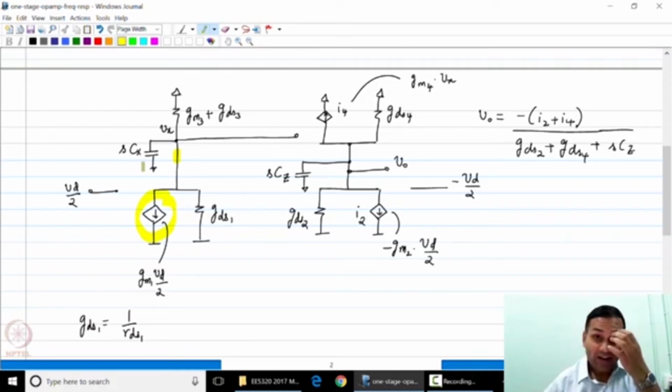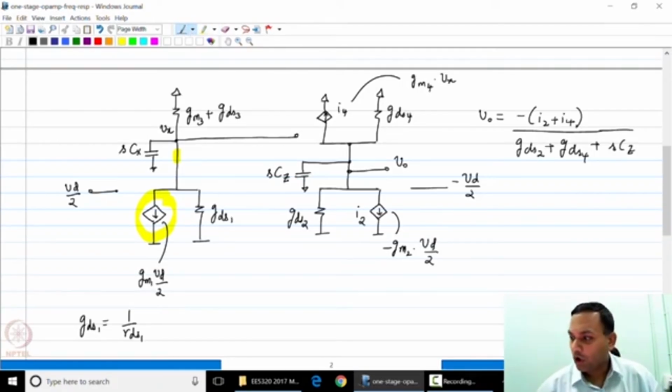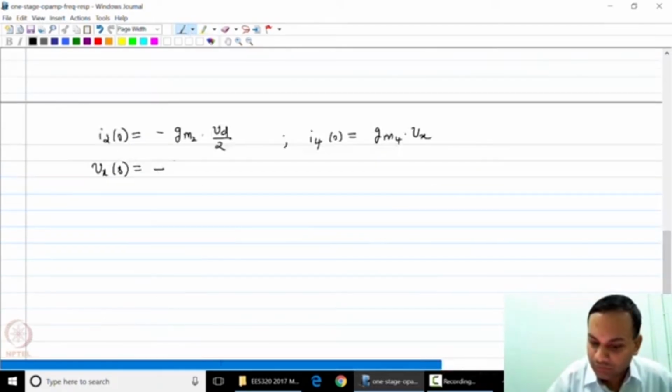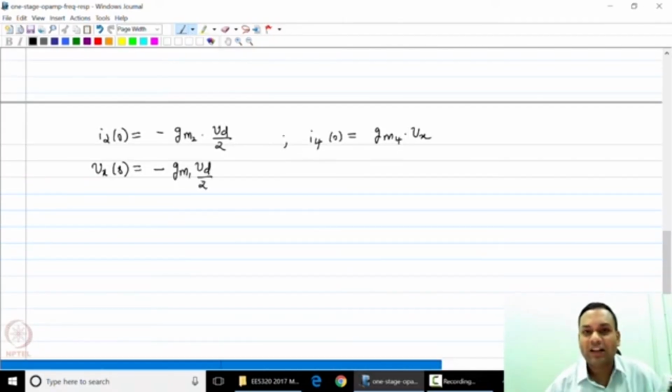So now I will write this as the negative of GM1 Vd by 2. This is the total current flowing into the node times the sum of all conductances at that node.